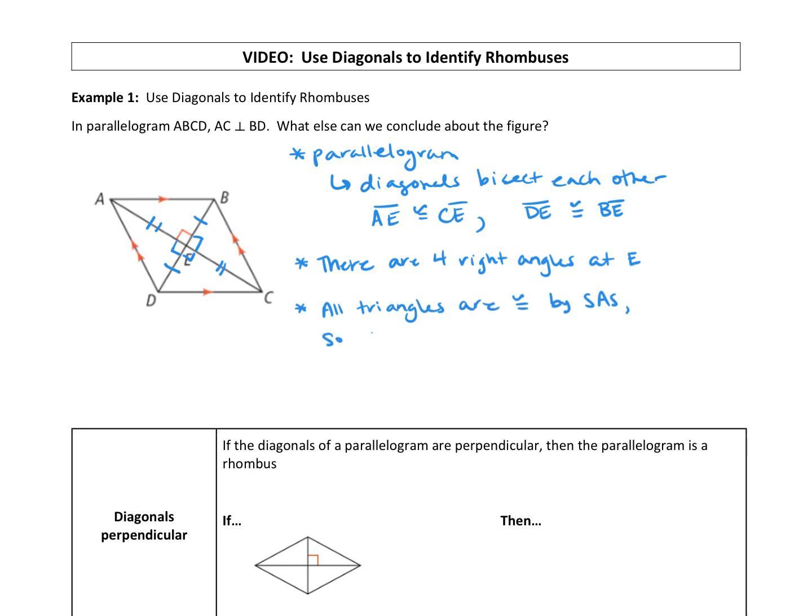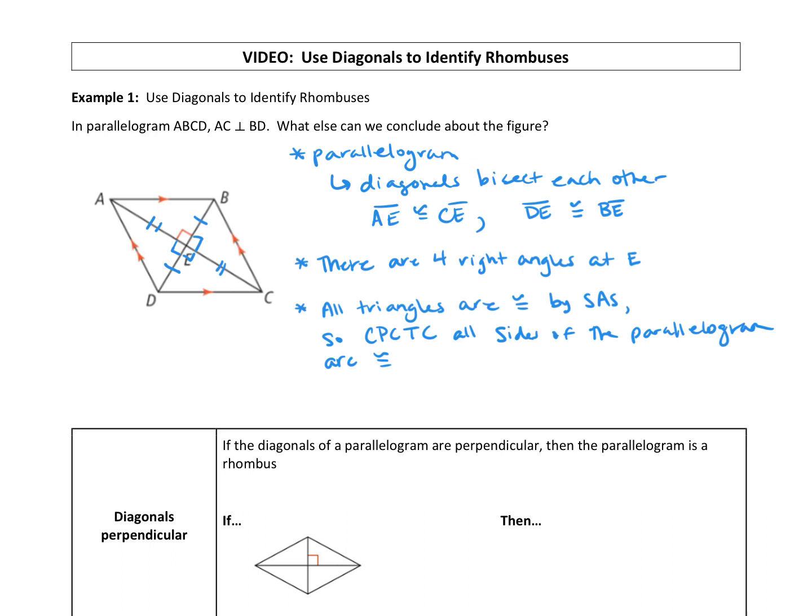So by CPCTC, corresponding parts of all those congruent triangles will be congruent. We know that all the sides of the parallelogram are congruent.